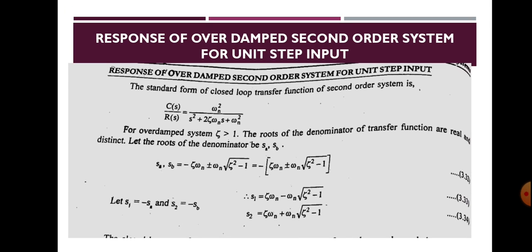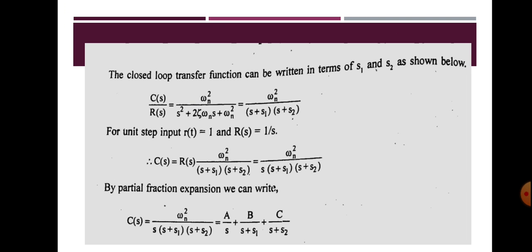So we got two roots, S1 and S2. Next we can proceed with the Laplace transform of the response. We have the equation C of S by R of S is equal to omega n square by S plus S1 into S plus S2.